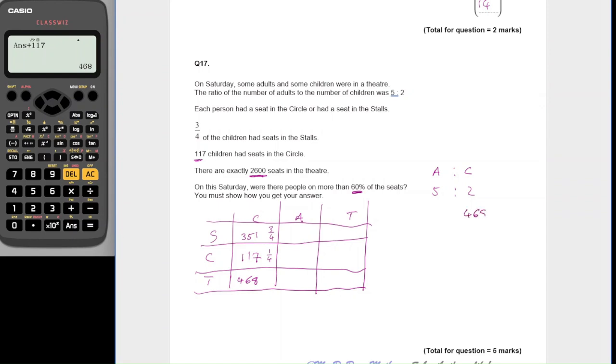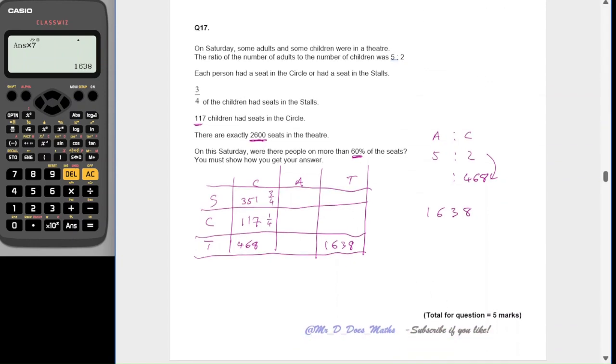So 468. So the number of adults, to get from there to there, I'm times it by 2. Let's just double check that though. 468 divided by 2 is 234, and we want to times that by 5. Actually, no, yeah, I'll times it by 7 because that will tell me the total number of people. So we've actually got 1,638 people. So we want to work out whether that value is bigger or less than 60%.